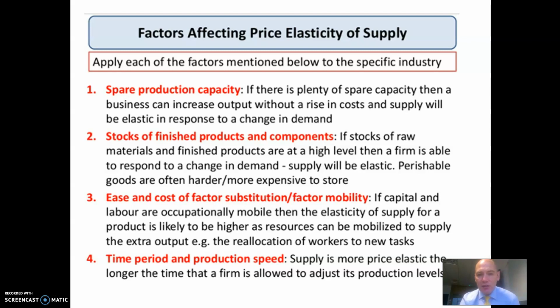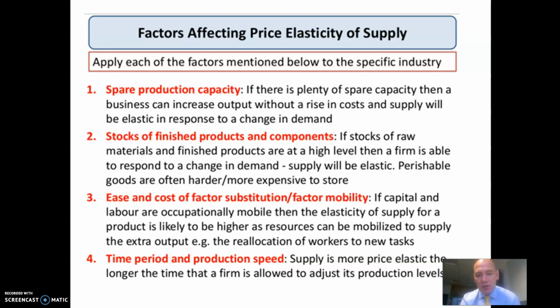Secondly, stocks of finished products and components. Now, some manufacturers have warehouses full of completed products. So if the price goes up, they are very easily able to distribute those to stores, and as a result, they can be very responsive. Also, if they have significant stocks of raw materials, again, they'll be able to react quickly if there's an increase in demand.